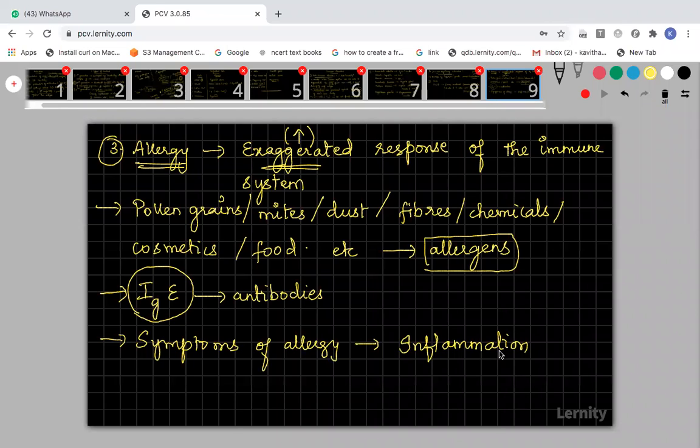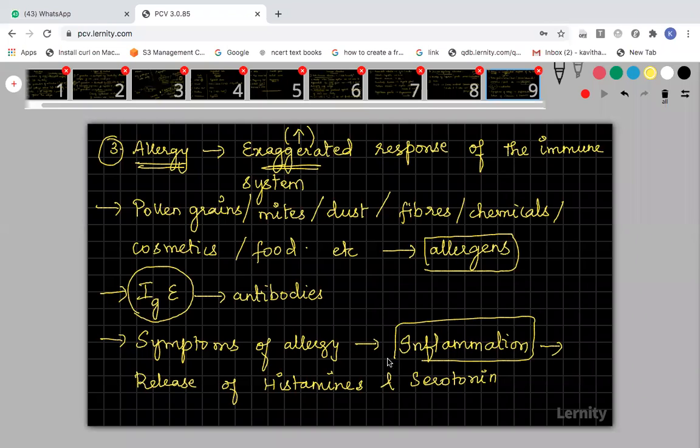The inflammation is mainly due to the release of some special chemicals called histamines. You would have studied this in the structural organization chapter, right? Histamines and serotonin are mainly responsible for causing this inflammation.